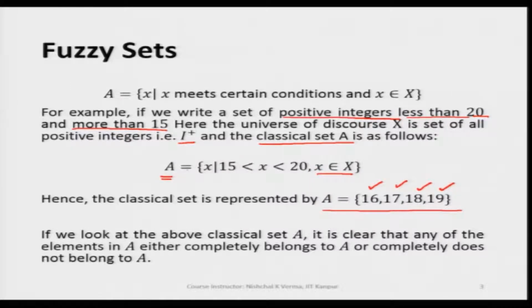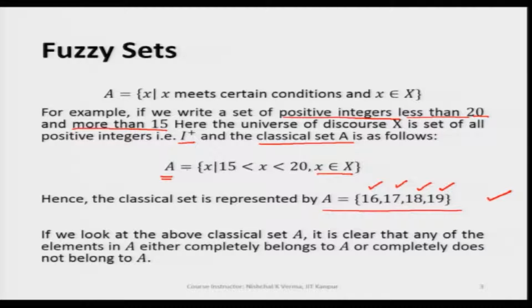All these elements are drawn from the set of positive integers I plus. This way we can say that A is a classical set.